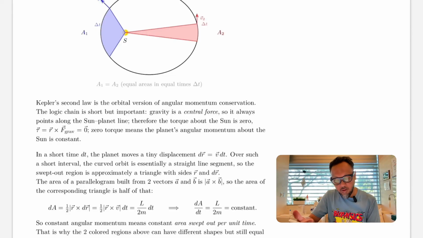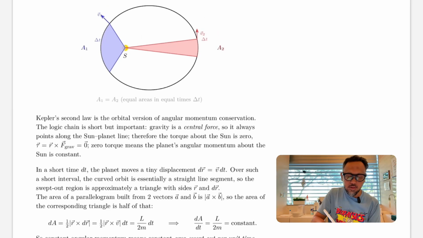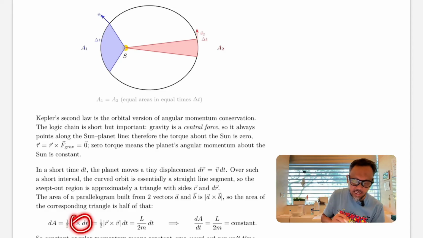There is a more involved derivation. Basically what I'm trying to sketch here is that calculating this area is approximately the area of a triangle. I know this is not straight here. So it's half times the area of the rectangle, and this is the area of the rectangle.